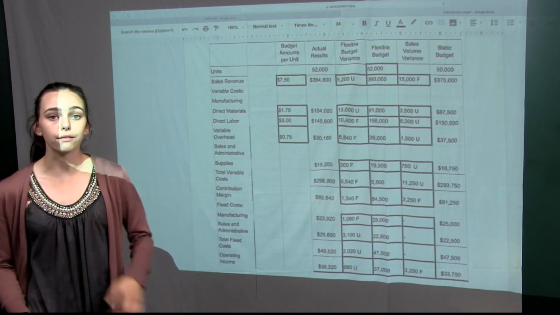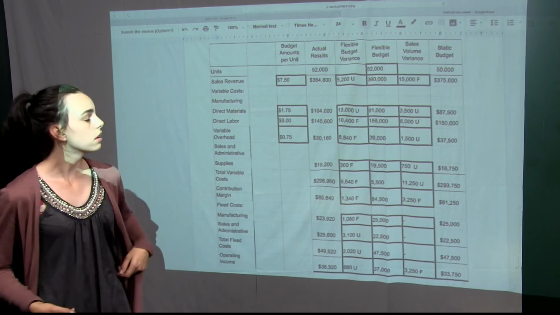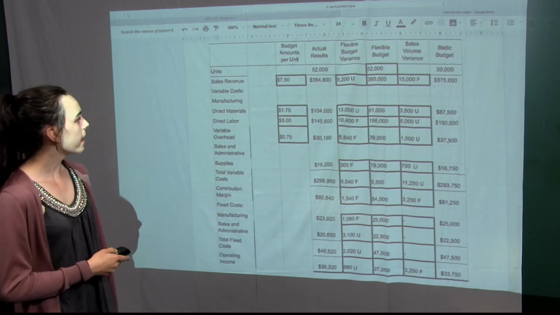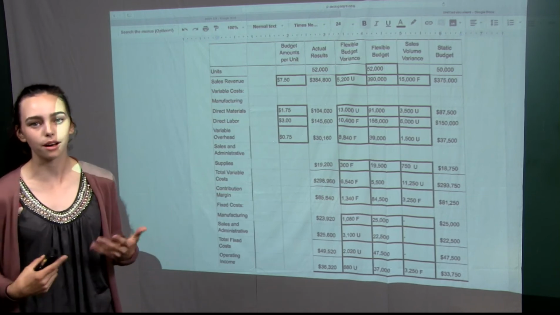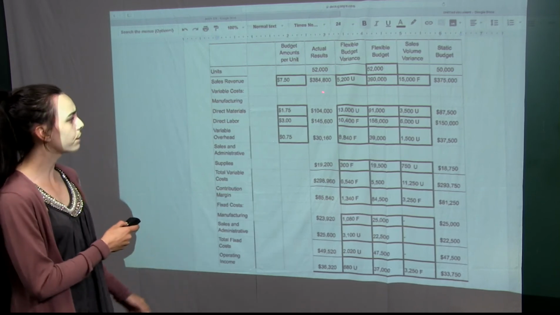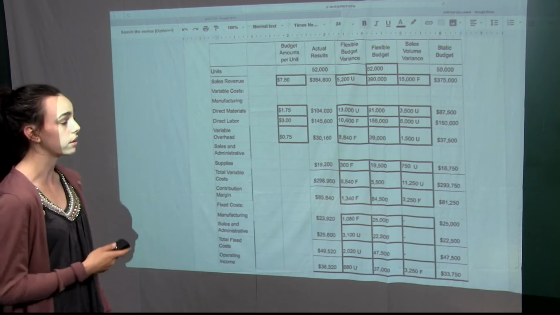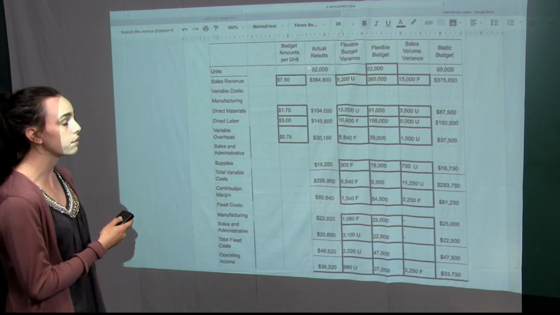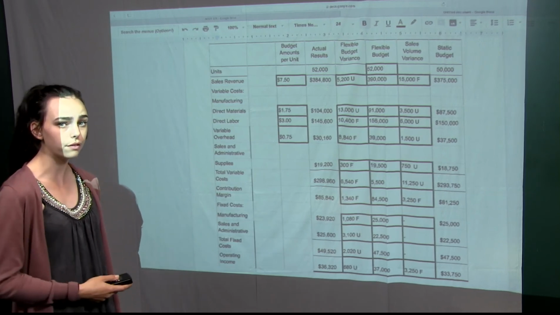Now once you've gone ahead and filled out the entire flex budget, you can start asking questions about it. So for example, we could ask about the unit price that sales revenue was, the price per unit that these objects were sold at. If you take 384,800, which was the actual sales revenue, and divide it by the actual amount of units sold, you actually get 740 rather than 750.